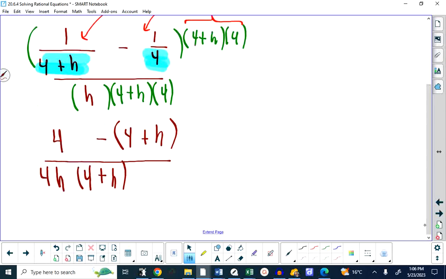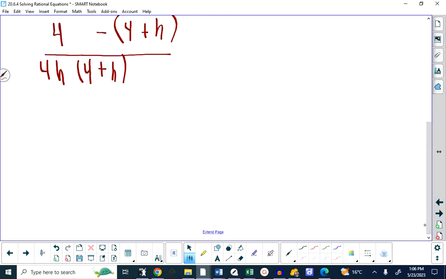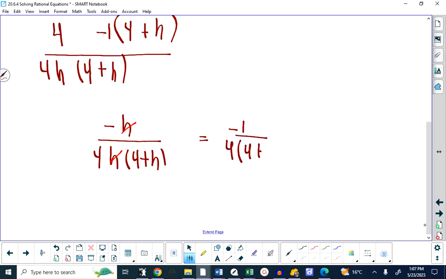So what I have left here, Ashira, is 4 minus 4, which is 0. And then I have minus an h. And the h's cancel. And I'm left with negative 1 over 4 times 4 plus h. And we're done.